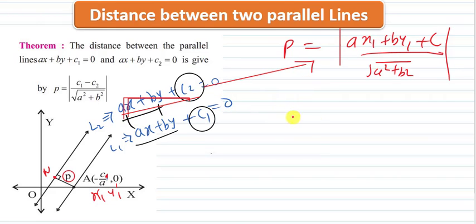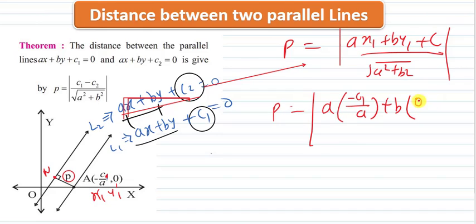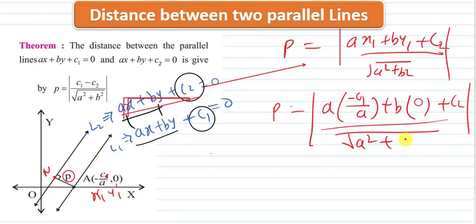So the value of p will be a times the value of x1, minus c1 upon a, plus b times the value of y1, which is 0, plus c2 because I am taking line 2, upon root of the square of the coefficient of x plus the square of the coefficient of y.